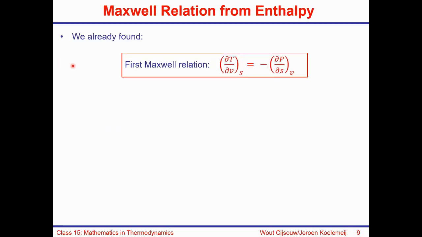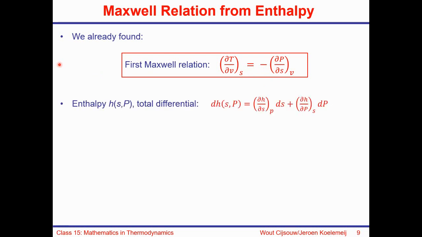Now, two slides ago, we already found the first Maxwell relation between dT dV and dP dS. We derived that using our little trick that we proved on the previous slide. We can also do a similar thing, not for the internal energy, but for the enthalpy, which we write as a function of the entropy and the pressure.